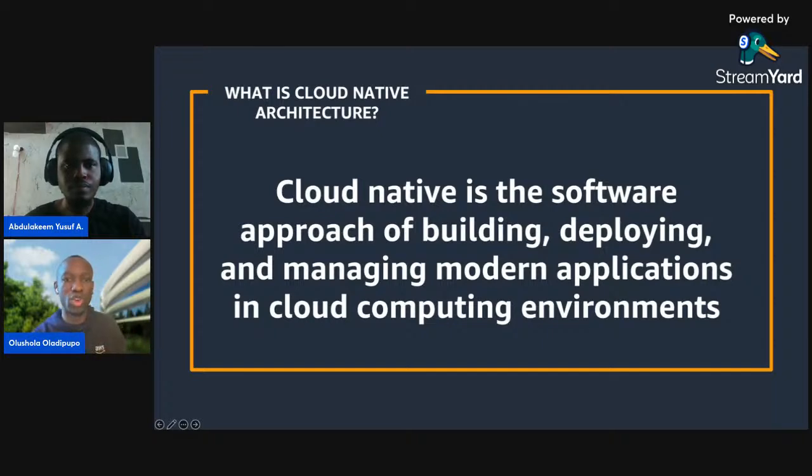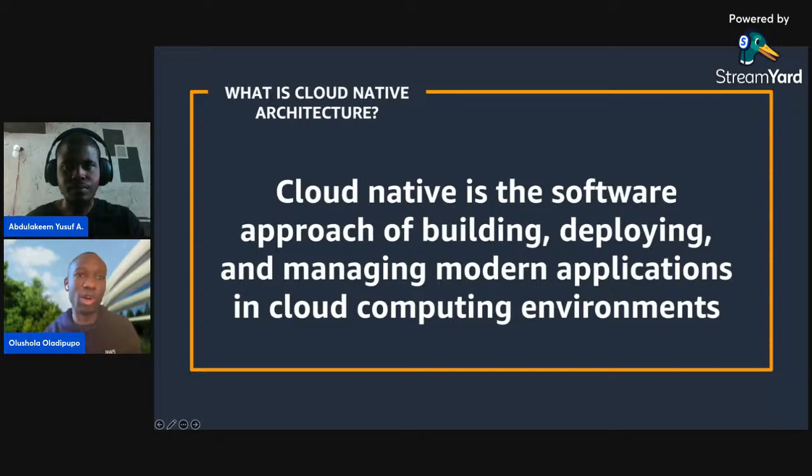So you have technologies like containers, microservices, and serverless functions that you deploy in declarative code, for example. And really, the primary goal of a cloud native architecture is to improve the speed, the scalability, and also the margin by leveraging cloud economics.